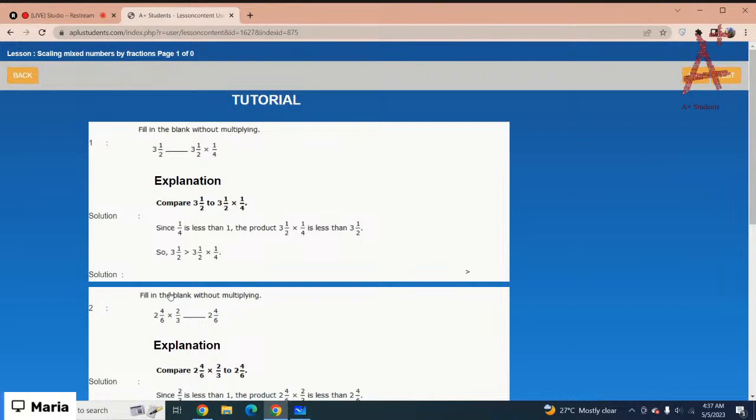That means 3 whole 1 over 2 is greater than 3 whole 1 over 2 times 1 over 4, because 1 over 4 is less than 1.